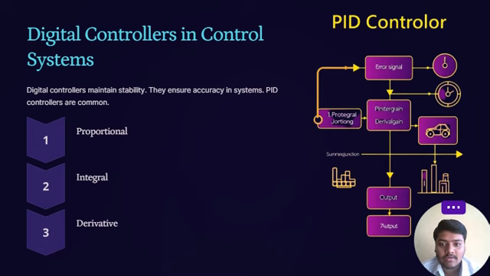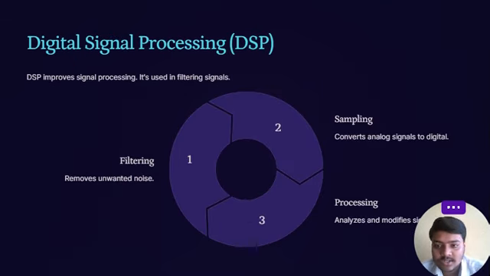Our next slide is digital signal processing, DSP. We have digital signal processing, or DSP, which is key in filtering and improving signals. It works in three stages. First one is filtering. We can see in the video, filtering means removing unwanted noise.